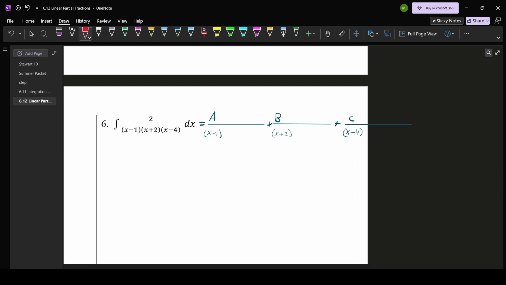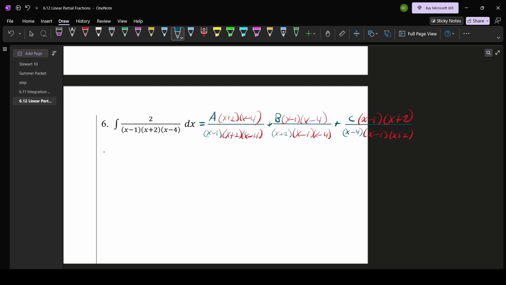To get our numerator, we need to multiply each one of these individual fractions by the linear factors that are missing. Now, since our denominators are all the same, all we really need is to compare the numerators.